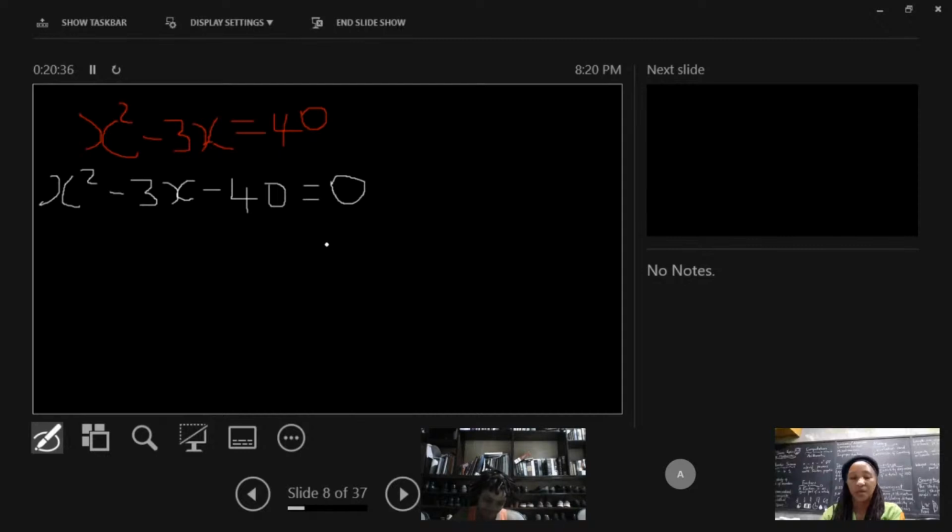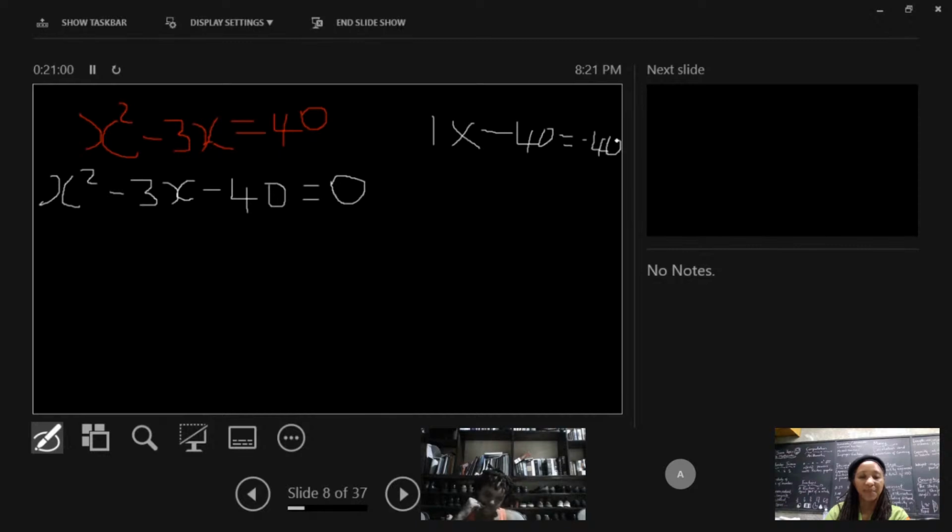So to multiply the coefficient of the x squared term by the constant term. The coefficient of the x squared term here is 1. The constant term is negative 40. 1 times negative 40 is negative 40.